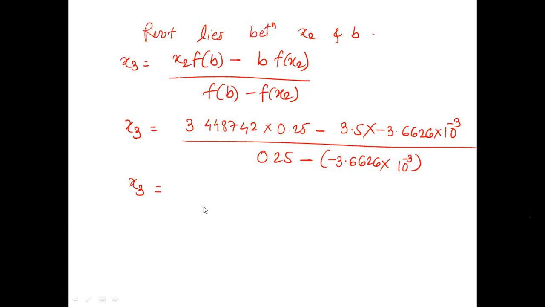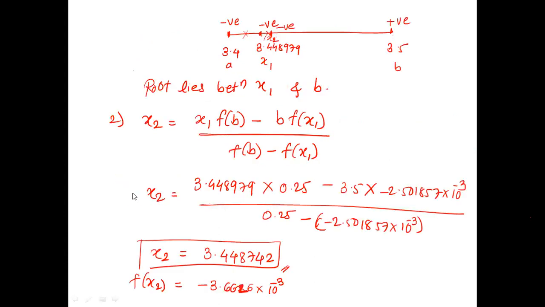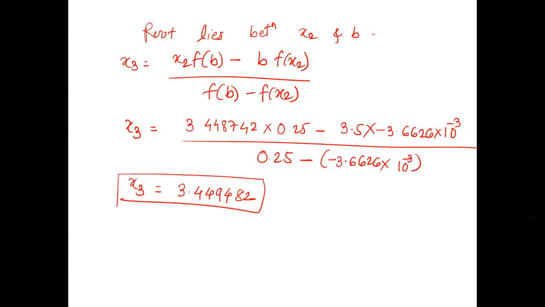Done? 3.4494. Okay, so this is x3. x2 was 3.4487 and 3.4494 comes now.